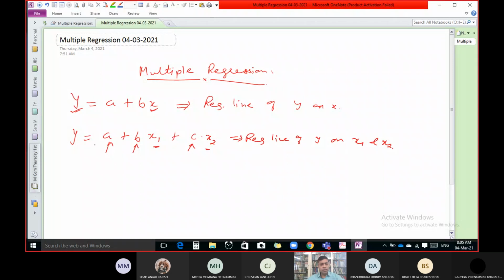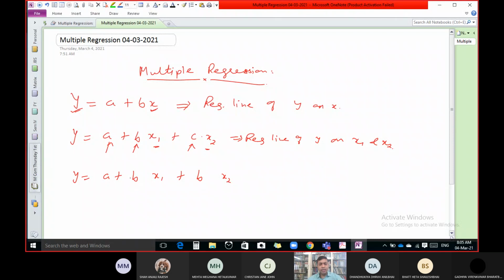But instead of writing in this way, it's better to write this formula in another way: y equal to a plus b x1 plus b x2. But to differentiate the first b and the second b, the symbol is different here.